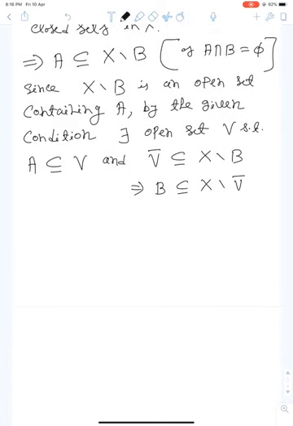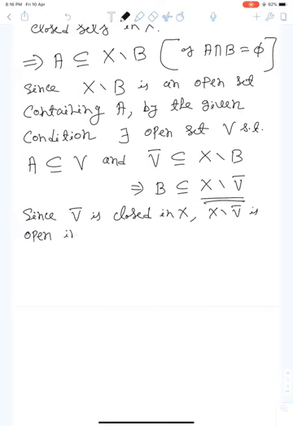Now V closure is closed in X. Therefore X minus V closure is open in X, right? So let U equal X minus V closure.